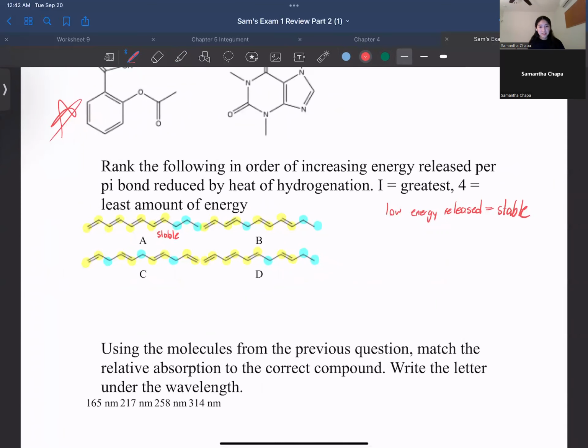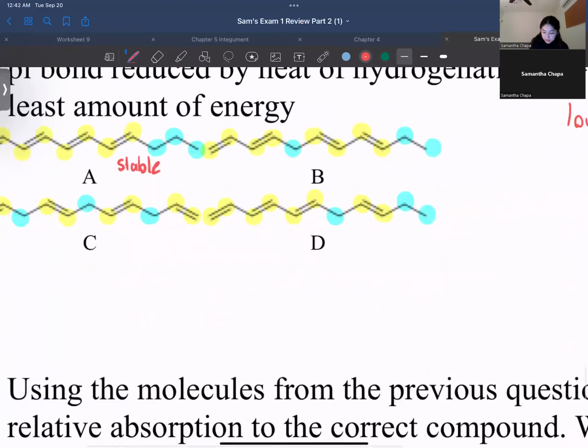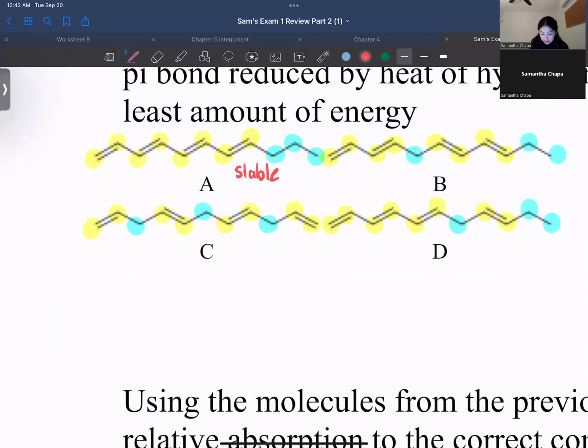Okay, let me do my least stable first. My least stable is going to be the one that is completely isolated. So C has no conjugation whatsoever. It's isolated, so it would be a lot more unstable, or it would release more energy when you hydrogenate it.